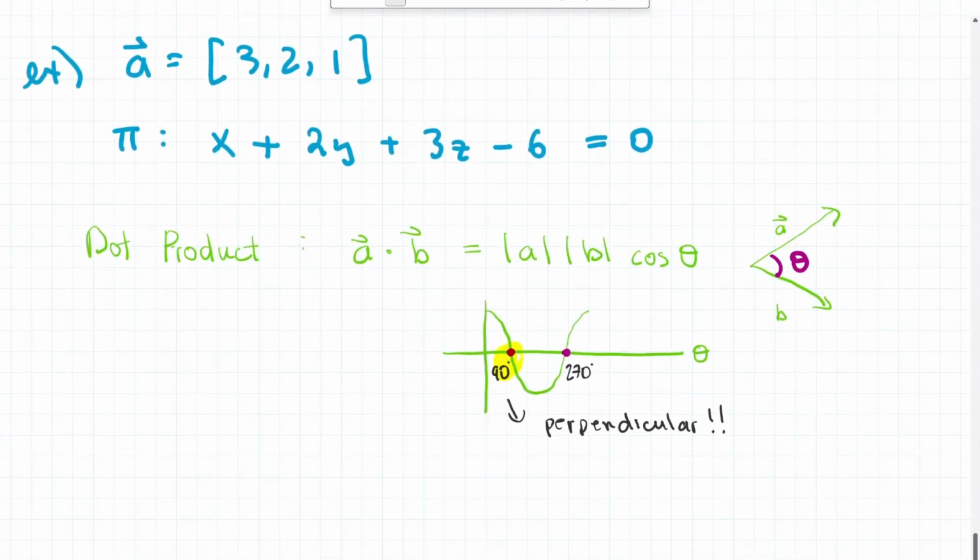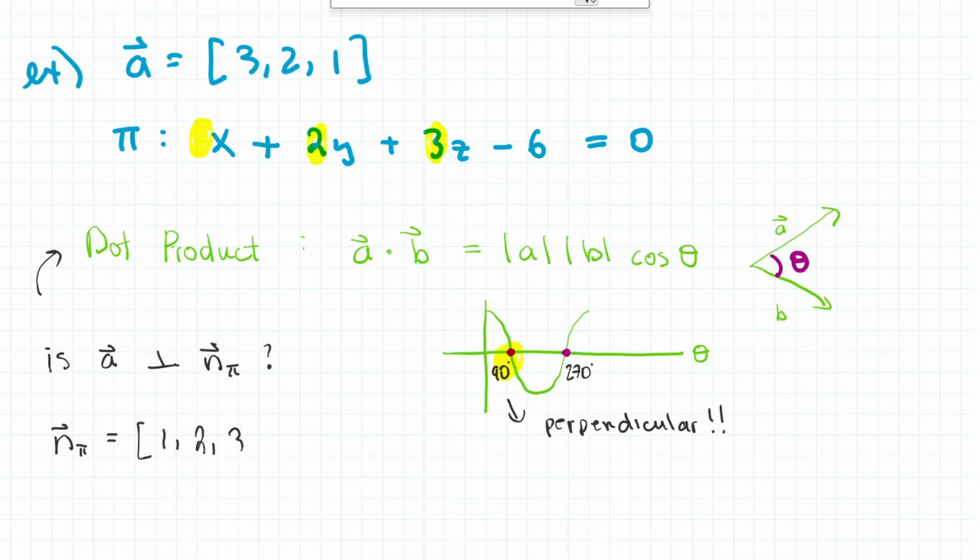So we would now want to determine, is our vector A perpendicular to the normal vector of our plane? And now we can see that we can use dot product to help us solve that. So we already have vector A written out, but what is our vector n for the plane? Our vector n is just the coefficients for A, B, and C, just like we saw above. So that means that our n vector is going to be 1, 2, and 3.